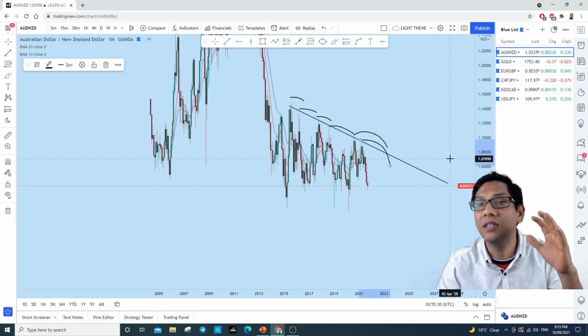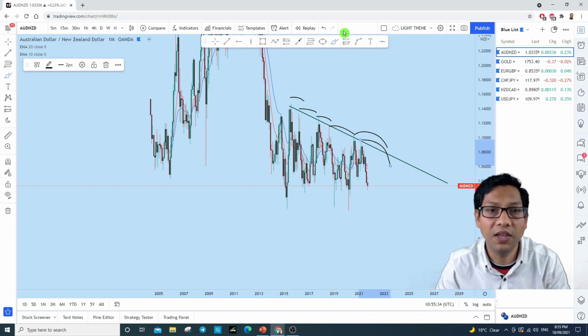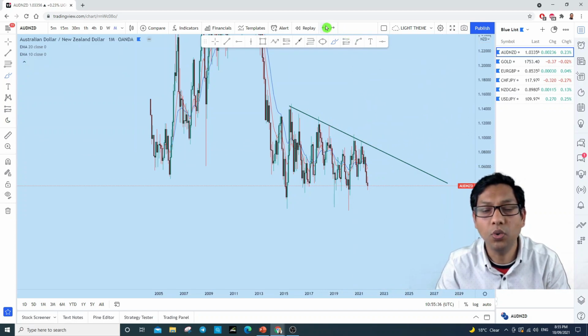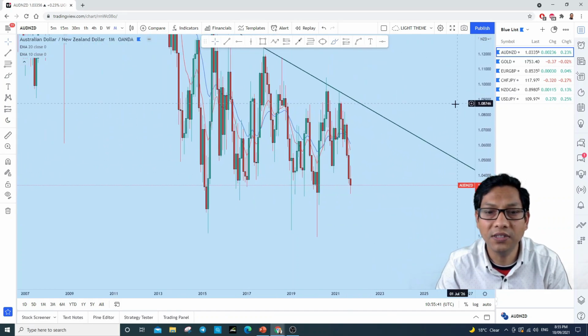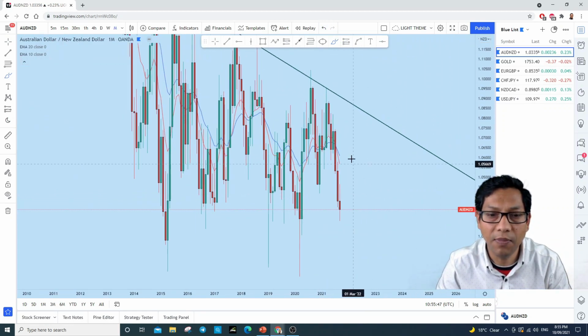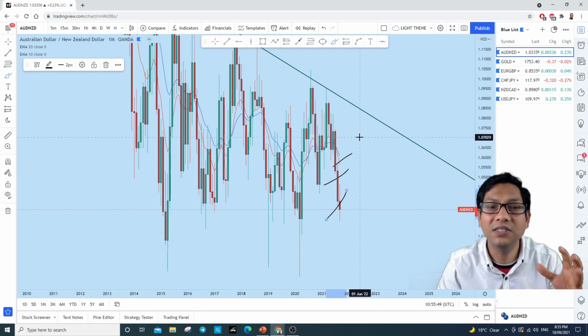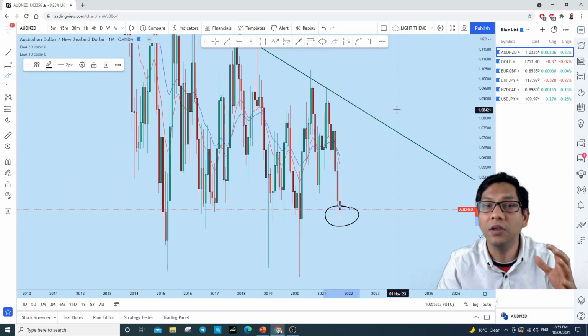That means the buyers are exhausted, the sellers are very active in the market, and as a result, over the last 3, 4, 5 months, AUDNZD has broken to the downside. Now at this point, after a back-to-back 3 months drop, AUDNZD is still dropping to the downside.